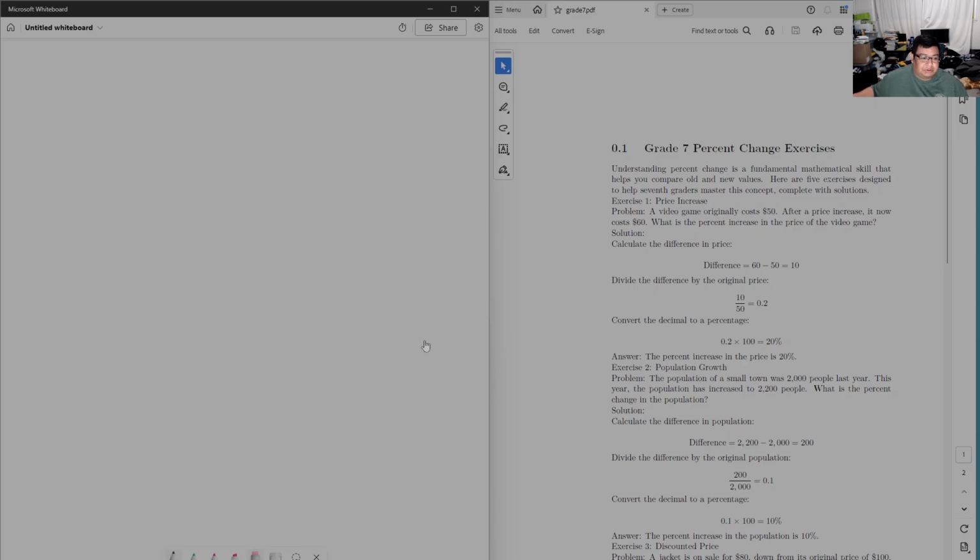So the population changed from 2,000 people to 2,200 people. So this is an increase. Notice we're going from 2,000 to 2,200.